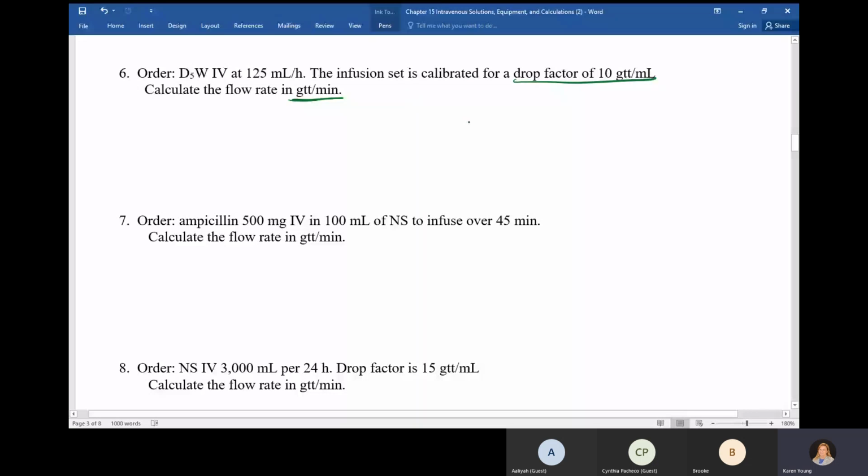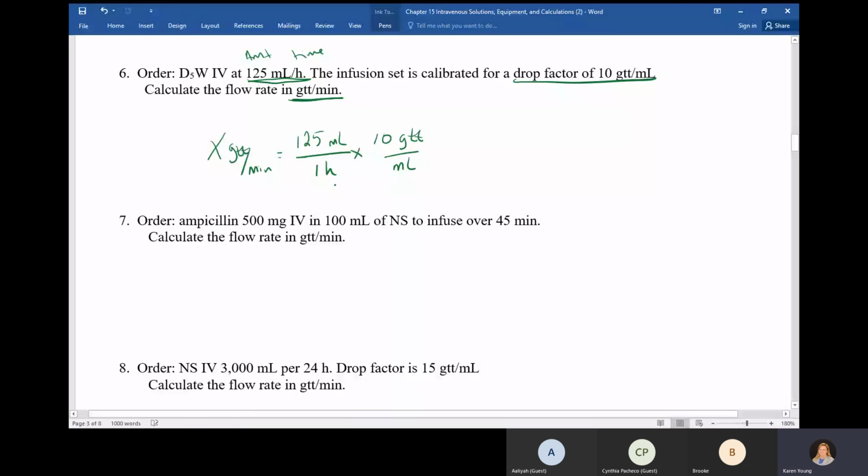So here we're given a rate, but the rate's the same thing as our amount and our time. Okay. So we're going to start with that. I want drops per minute. So I've got 125 milliliters per 1 hour times my drop factor, which is 10 drops per milliliter.